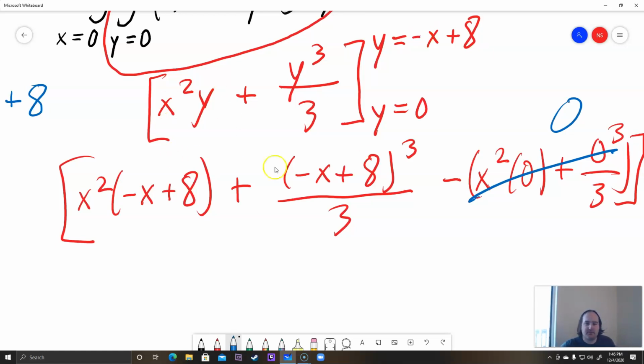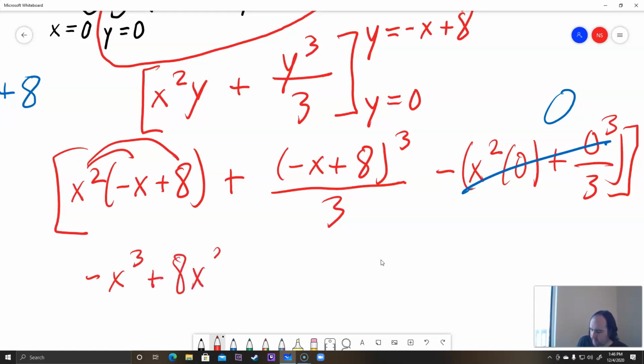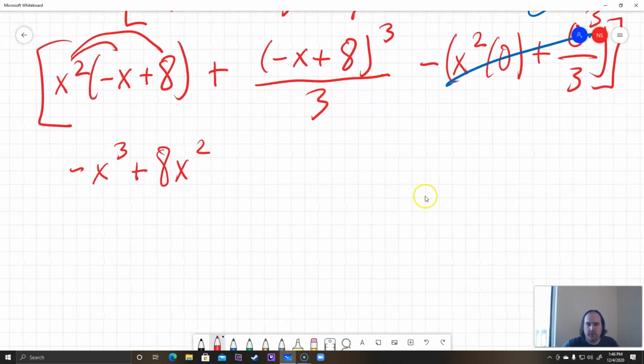And then we have to simplify all of this. So we're going to go ahead and distribute the x squared right here. So that's going to give us negative x cubed plus 8x squared. And then over here, we need to expand this polynomial. So the way we're going to do that is first we're going to do it by FOIL, and then we're going to distribute.